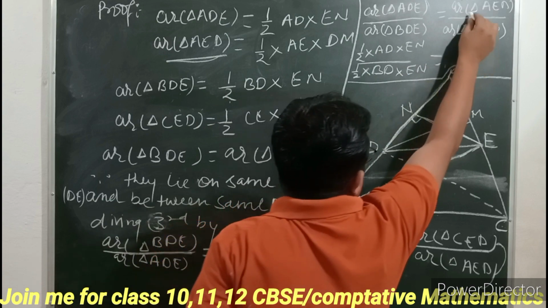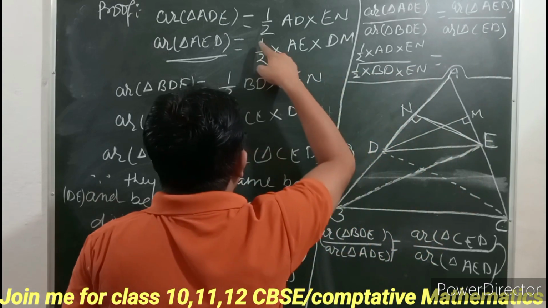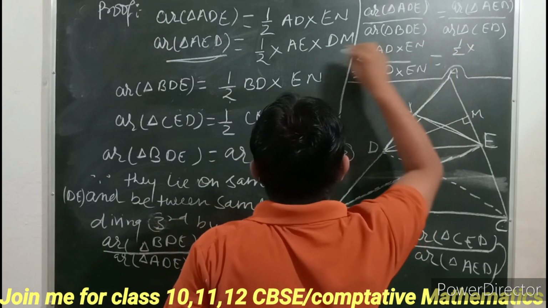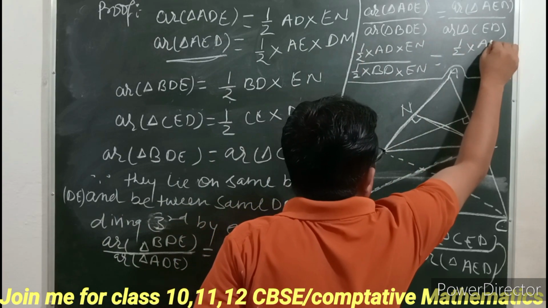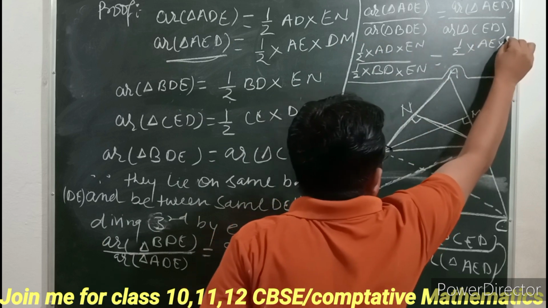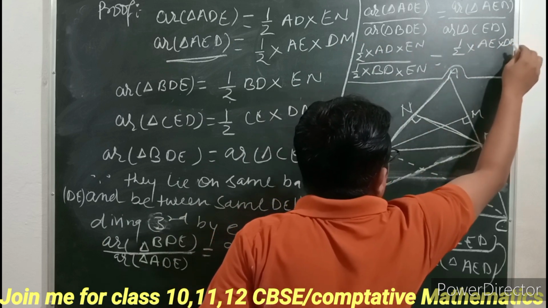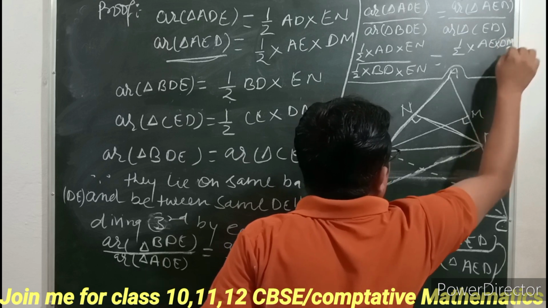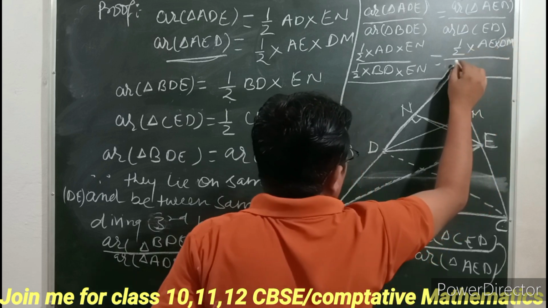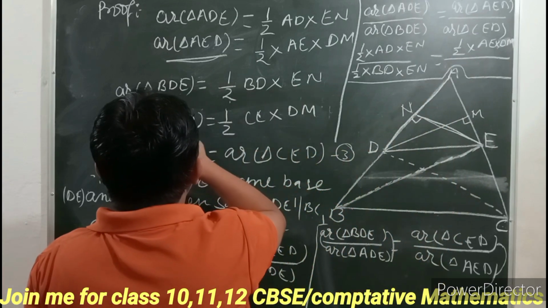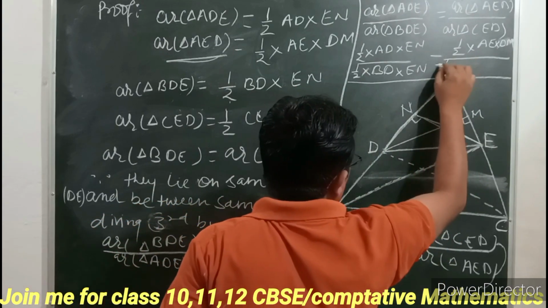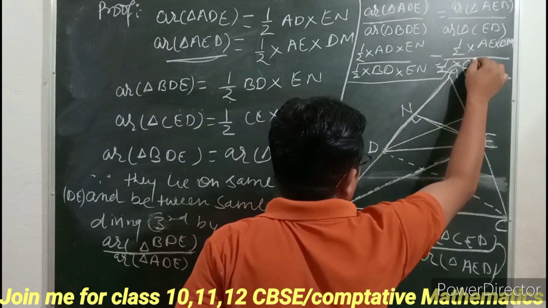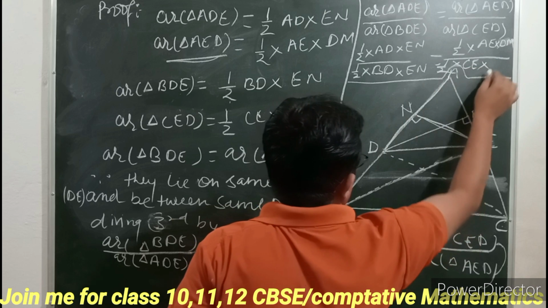The area of triangle AED equals 1 half base AE into perpendicular DM upon area of triangle CED, 1 half base CE multiply DM.